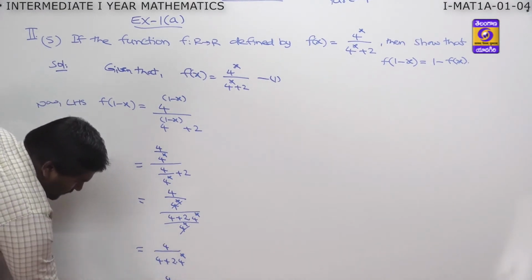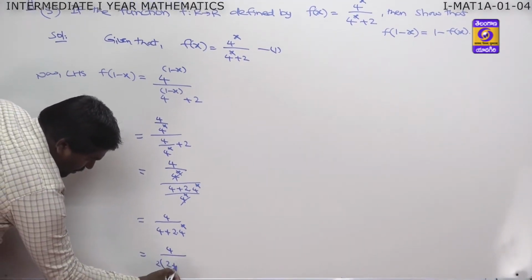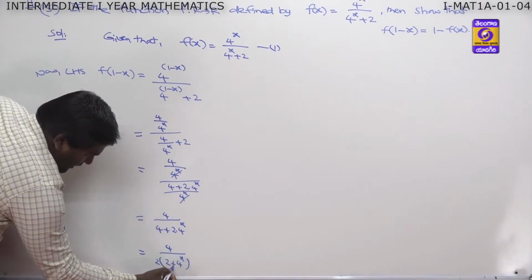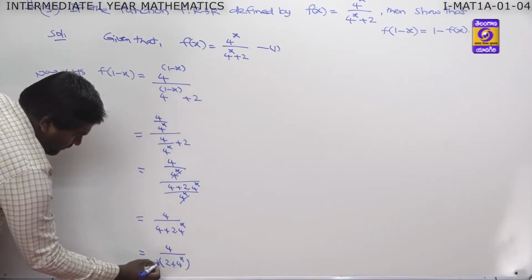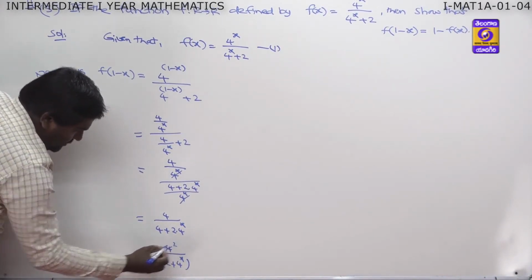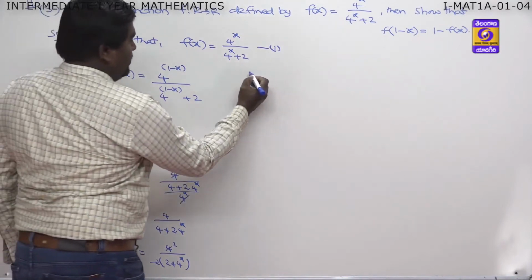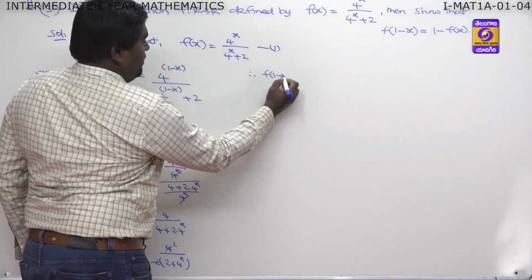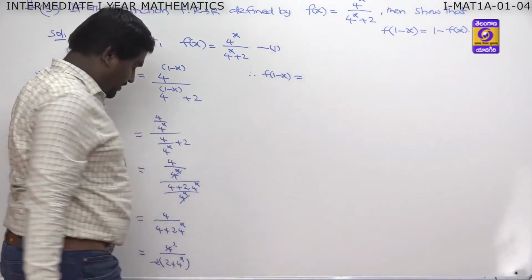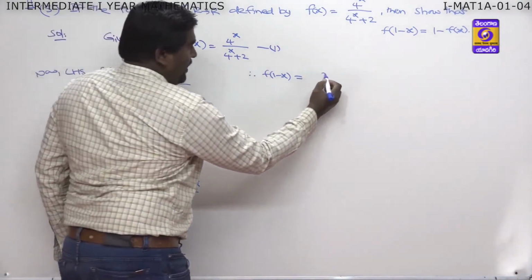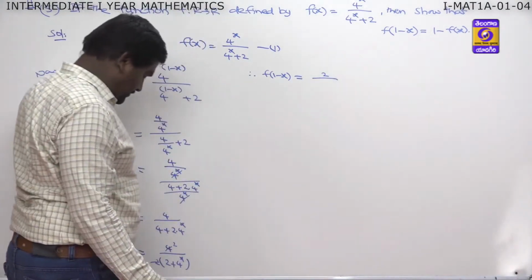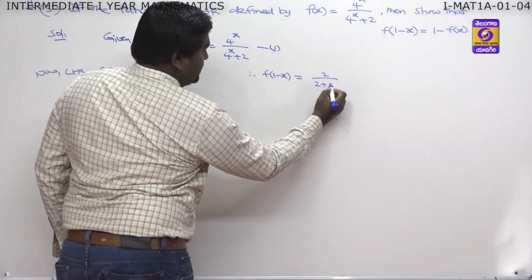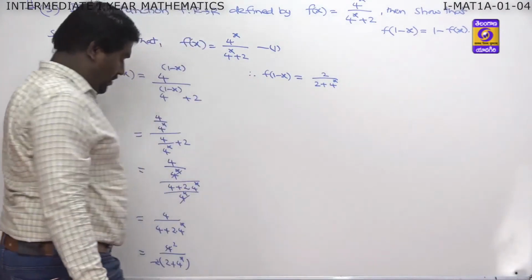2 into 2 plus 4 power x. 2 cancels with 2. It is f of 1 minus x is equals to 2 by 2 plus 4 power x.